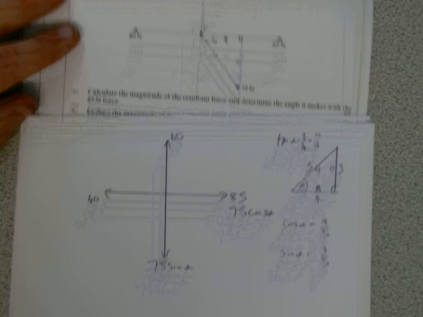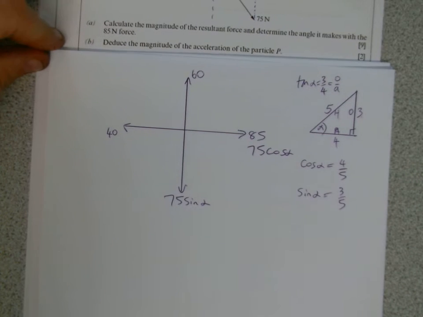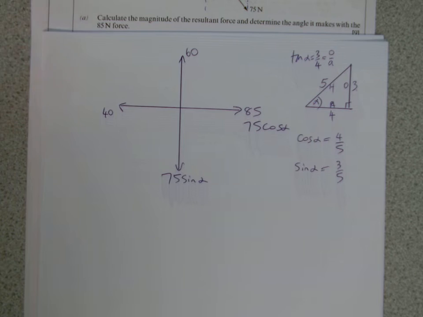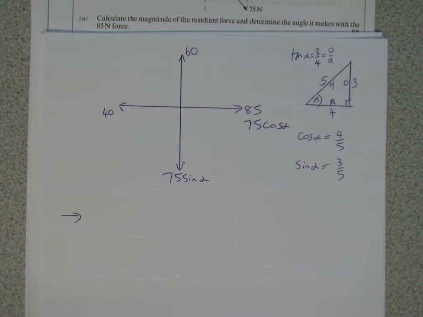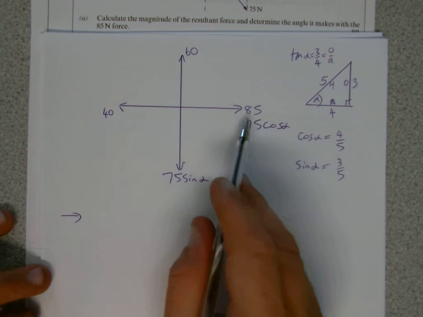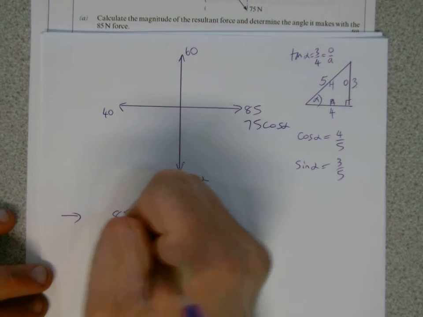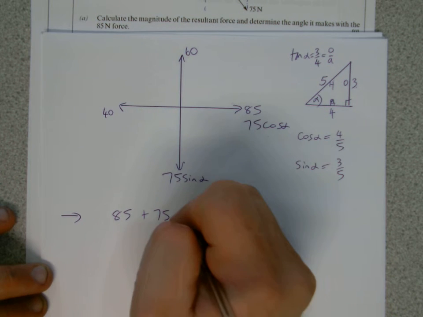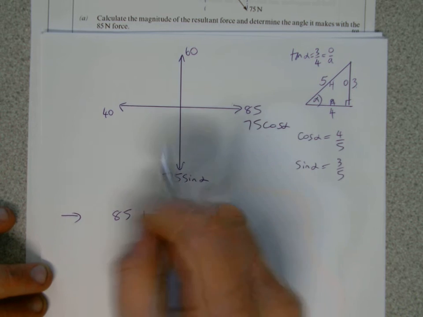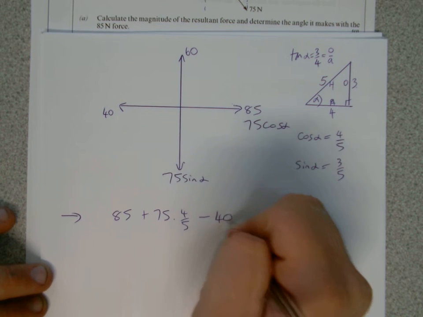Now we need to work out the resultant force. This isn't in equilibrium, so it will be moving. So the overall effect of these forces means that this thing will end up moving. We'll resolve in the x direction. So we have 85 plus 75 cos alpha. Now cos alpha I'll just replace with what I know, 4/5, take away what's opposing it, which is 40. So let's work that out.